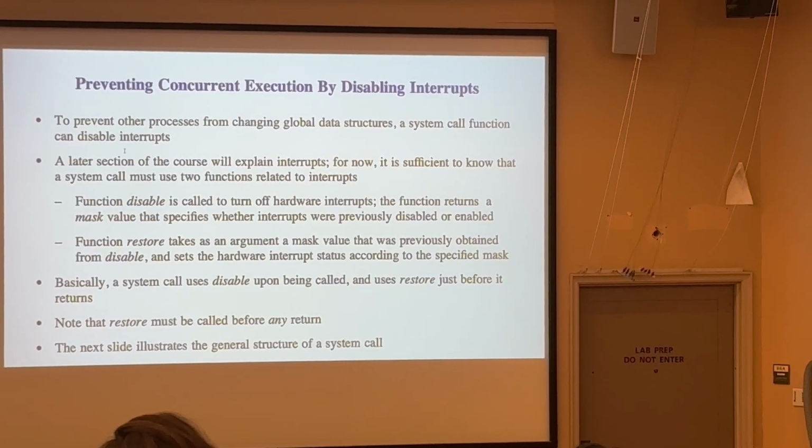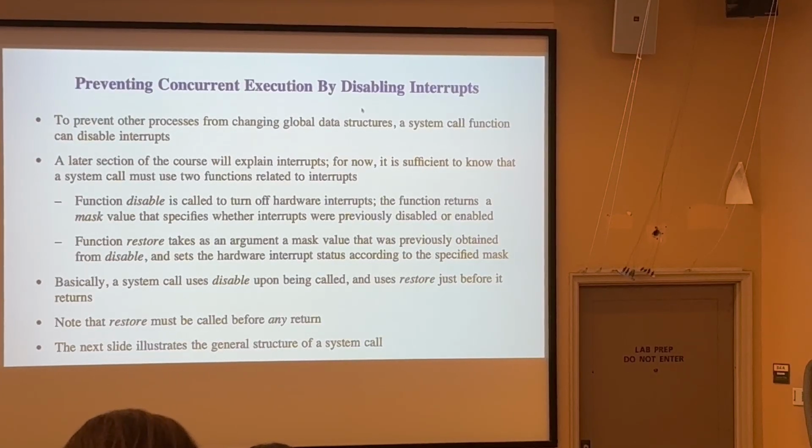All right. So when you implement a system call, one thing that we can do to avoid synchronization problems, to avoid concurrency bugs and data races, is by disabling interrupts. Okay. So what does this mean?